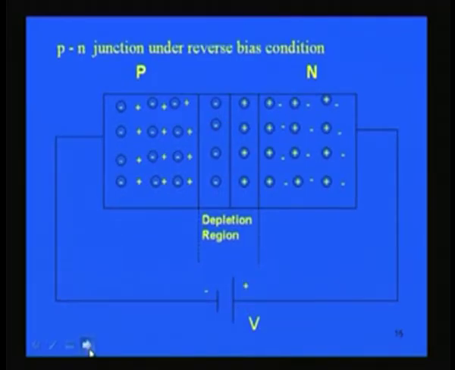But now consider the reverse: if we connect negative of the voltage to the P side and positive of the voltage to the N side, it is called reverse bias condition.